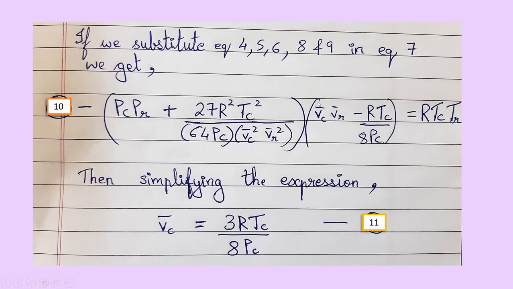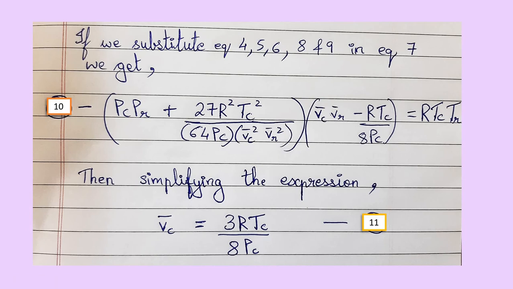That is how I have obtained the following, equation number 10: PC into PR plus 27 R square TC square upon 64 PC into VC square into VR square, in the other bracket VC into VR minus RTC upon 8PC, which equates to RTC into reduced temperature.